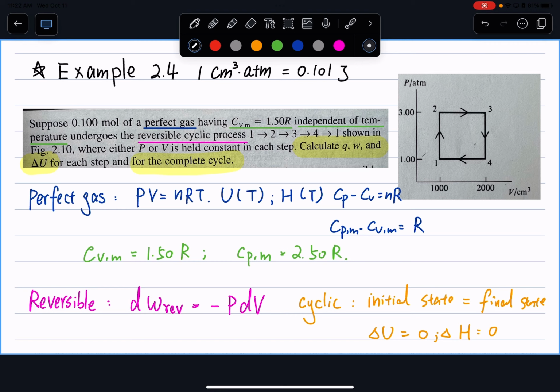That's V in cm^3, that's P in atm. At point 1, V is 1,000 and P is 1 atm. At point 2, P is 3 atm.